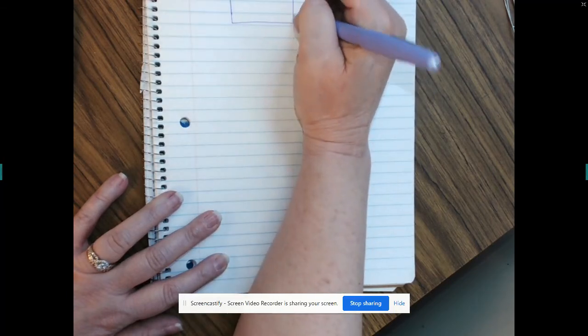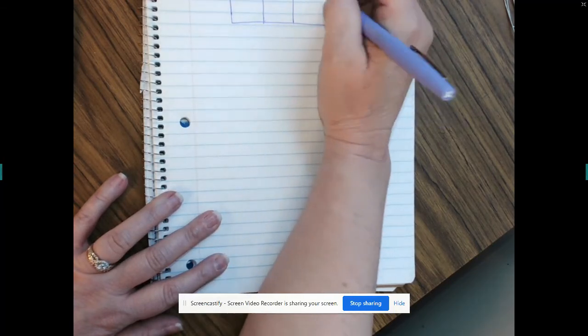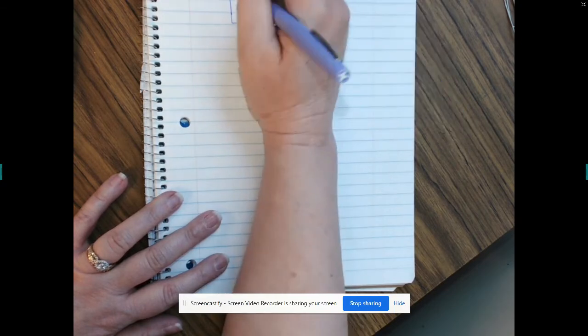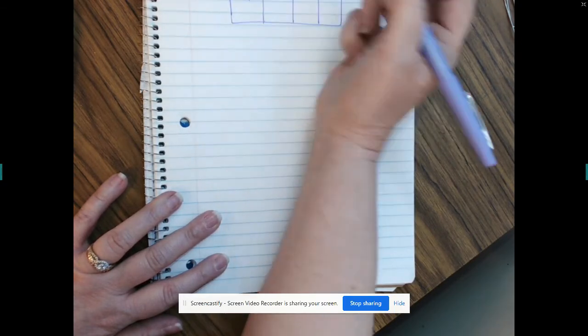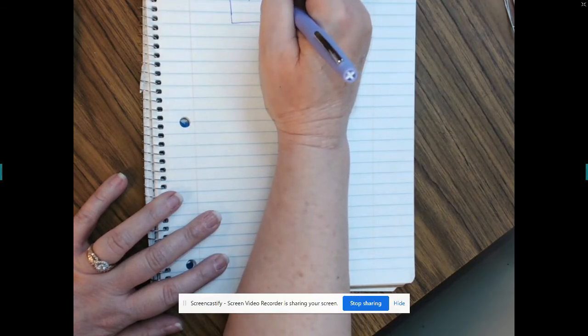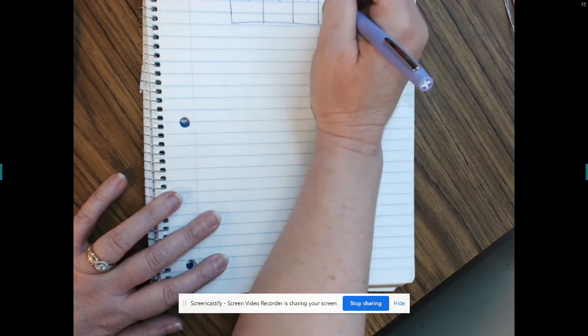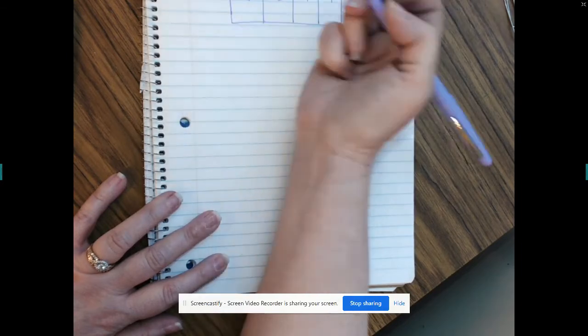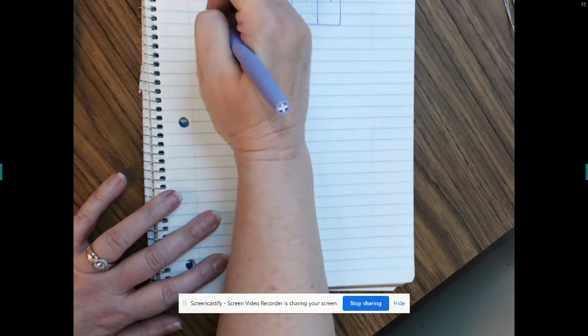And this one looks a little bit more like the traditional algorithm. So I have 4 thousands, 0 hundreds, 11 tens, 9 ones, and I'm dividing it by 3.